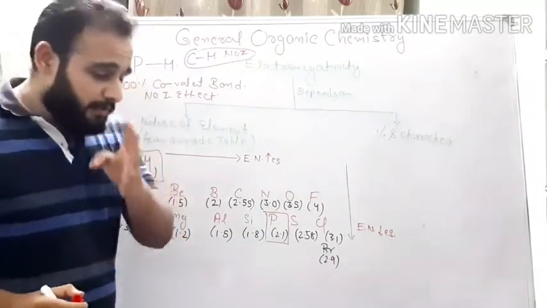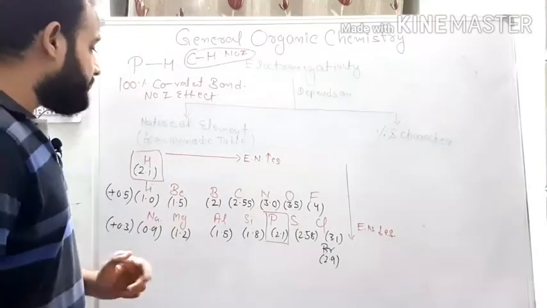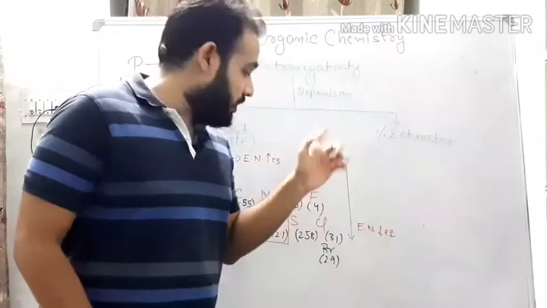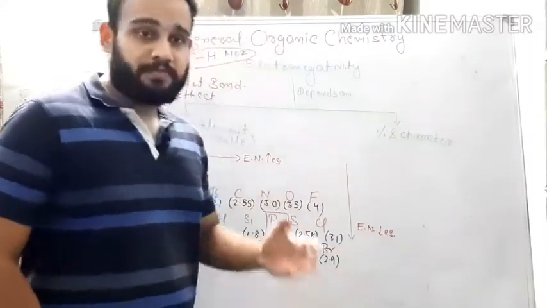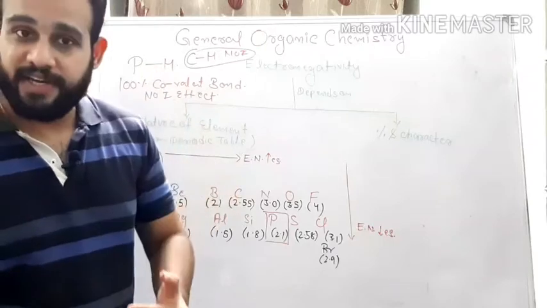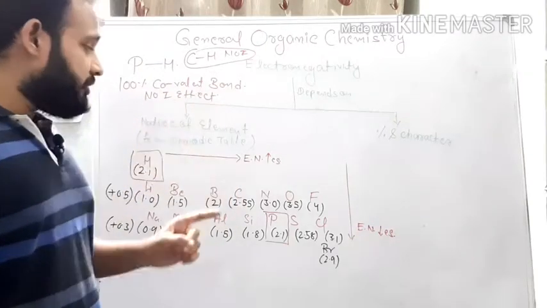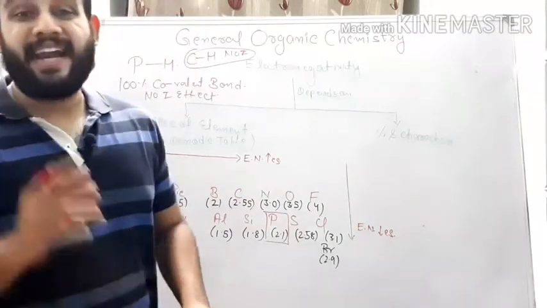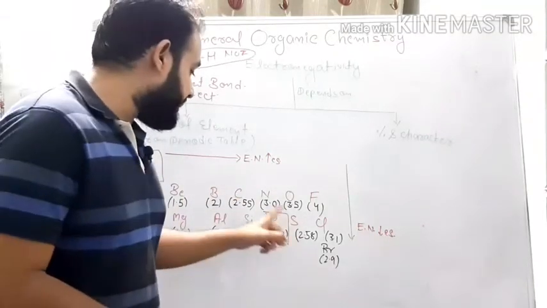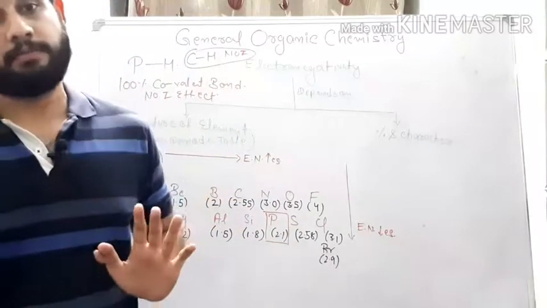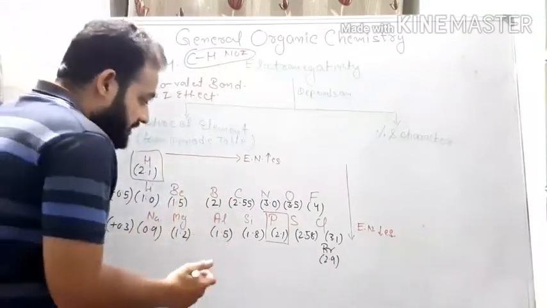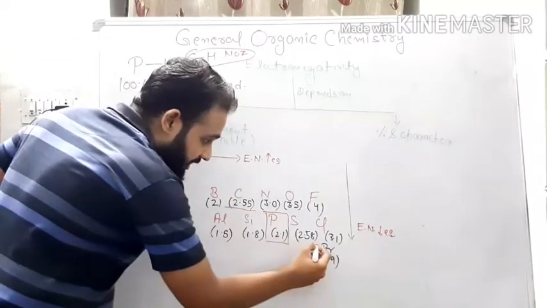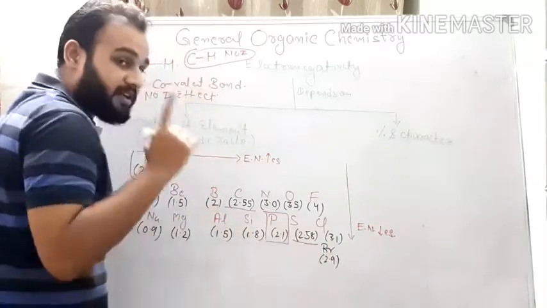Okay, now friends, the third and important point: we say that in a group from top to bottom, the value of electronegativity decreases. So when you compare the electronegativity of carbon and sulfur, the electronegativity of sulfur will be greater than that of carbon. See, the electronegativity of carbon is 2.55, but that of sulfur is 2.58.